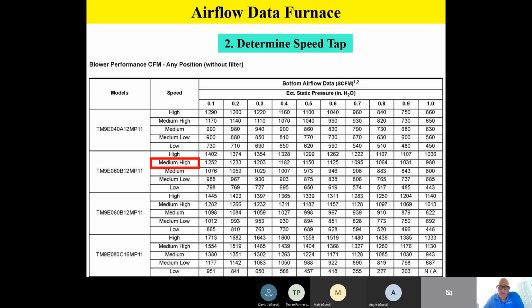Number two, I determine what speed tap the motor's on. I physically take the service panel off and look in there to see what speed tap it's on. I then start it up in cooling mode of operation, and I take my supply and my return static pressure and add them together for a total, in our example, of 0.5 inches of water column.